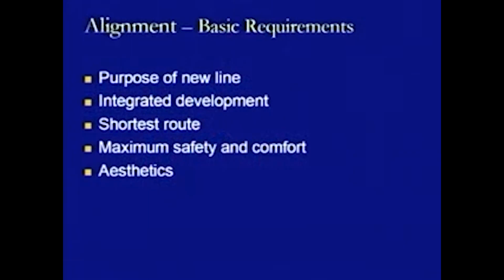Another aspect is that the shortest route should be there as far as possible. This shortest route is to be provided from economic considerations. If we have point A and point B, and if we join those points by a straight line, then this is the shortest route. But it is not necessarily possible every time to go for this shortest route.